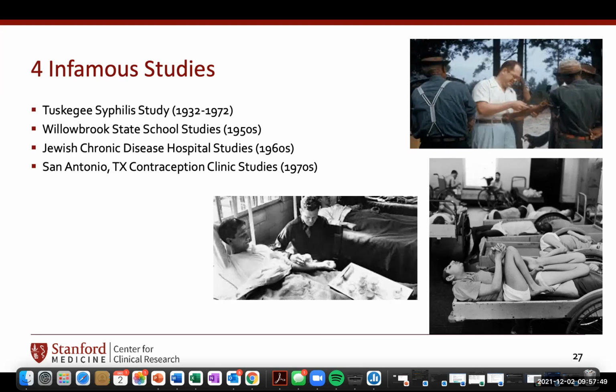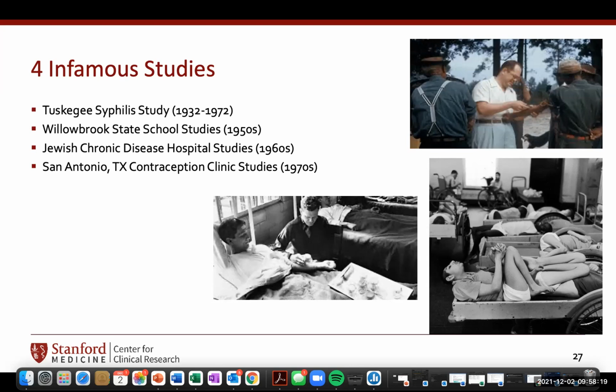They were investigating how transmissible hepatitis is, and they actually fed them a solution made with the feces of those with active hepatitis. Obviously, there was no consent for this, taking advantage of a very vulnerable population who cannot consent. I don't even think the families were made aware of what was going on in the state school here.